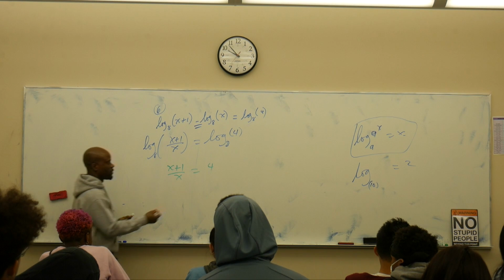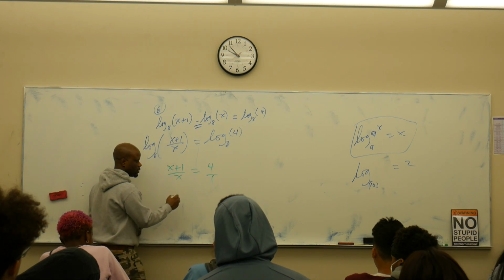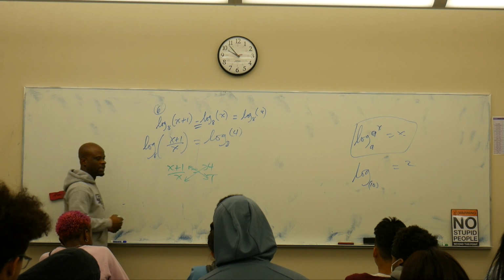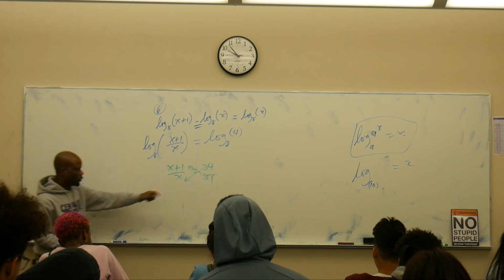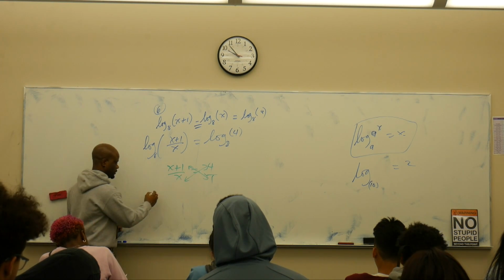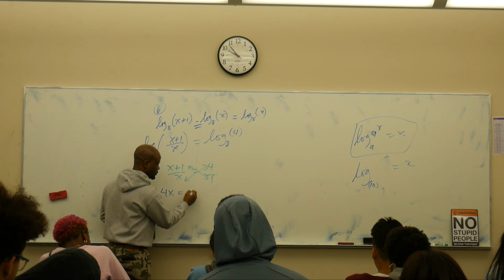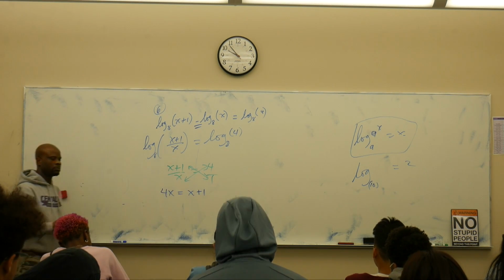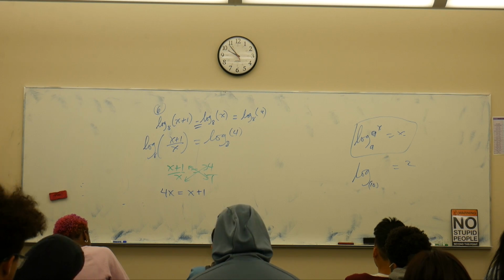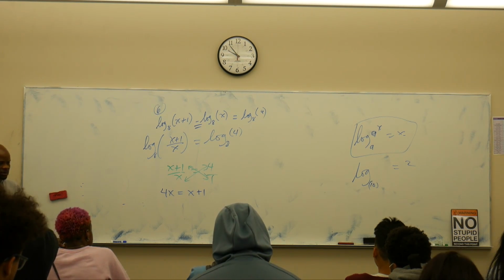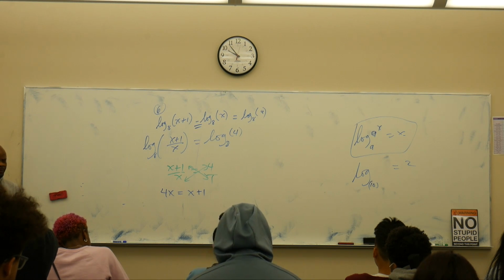Yeah. Okay, but we can do this, right? Remember yesterday, ratios and proportion from back in the day? Yeah. So 4 times x, x plus 1 times x, because anything times 1 is just itself. Everybody see that?